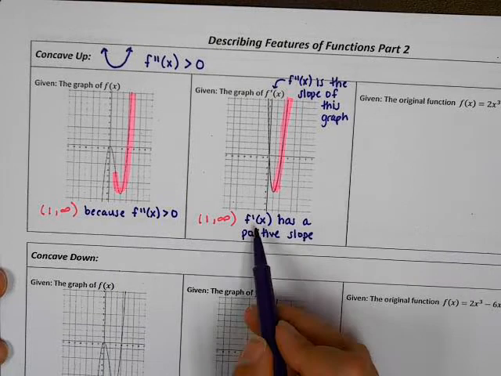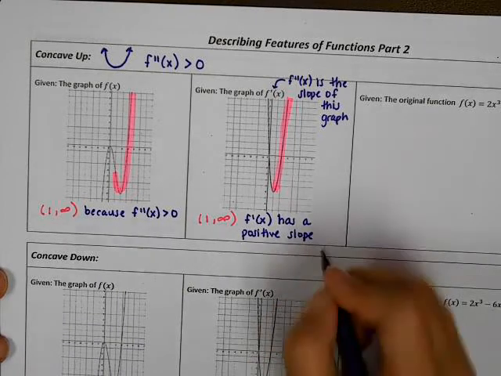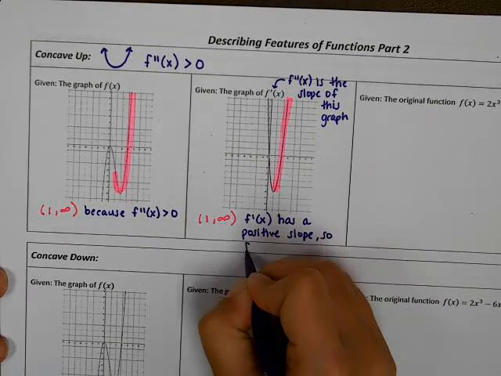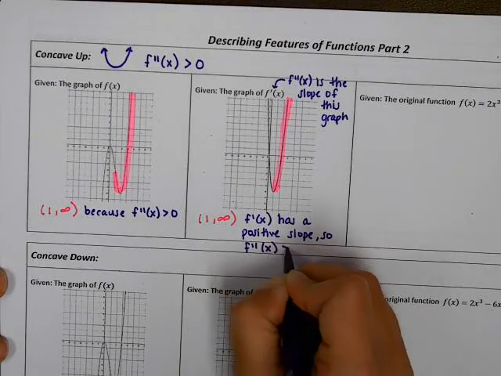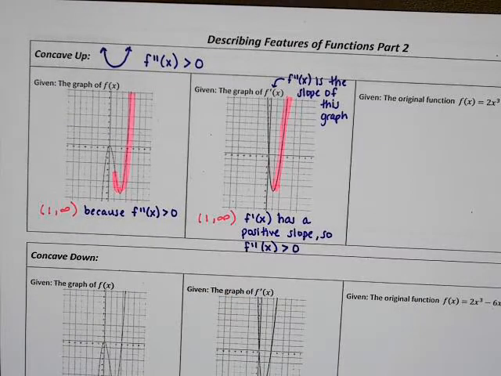So since the derivative has a positive slope, the second derivative must be greater than 0.